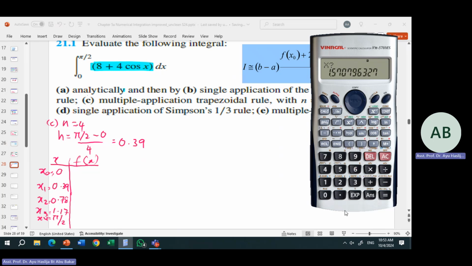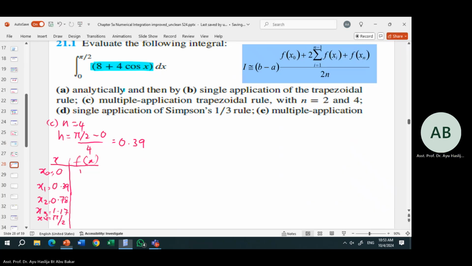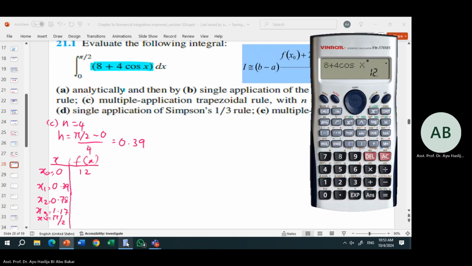Calculate, 0 for the first point is 12. Calculate, input the next point 0.39. Okay, 11.69.